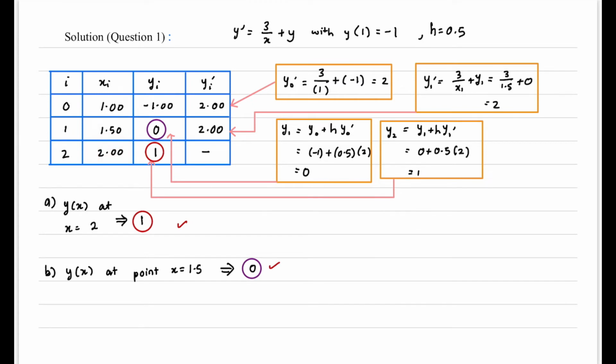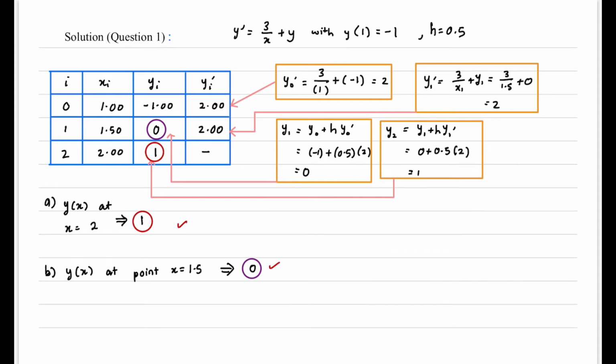Let's write down the values in table form. i = 0, 1, 2; x = 1, 1.5, 2; y = negative 1, 0, and 1; and y prime = 2 and 2. Okay, so I have written down how I get all these values.